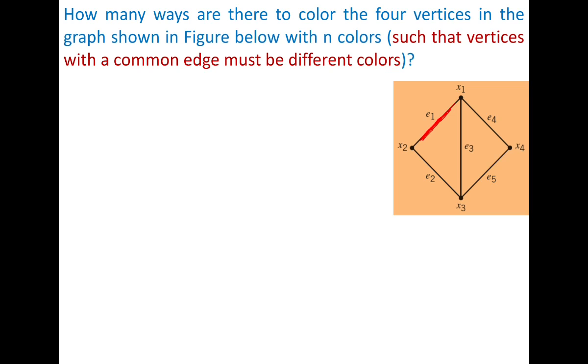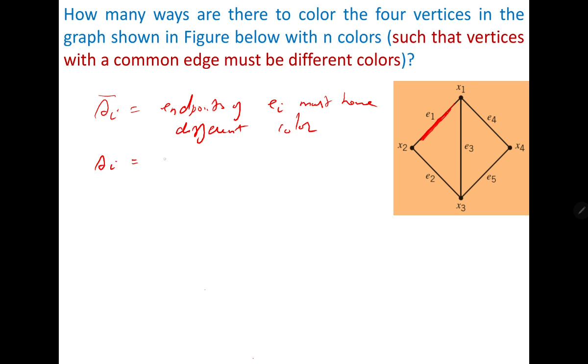So the first thing is to identify the AIs here. What I am looking for is, if there is an edge, then the endpoints must have different colors. So if I say AI bar, then I say that the endpoints of edge EI must have different colors.